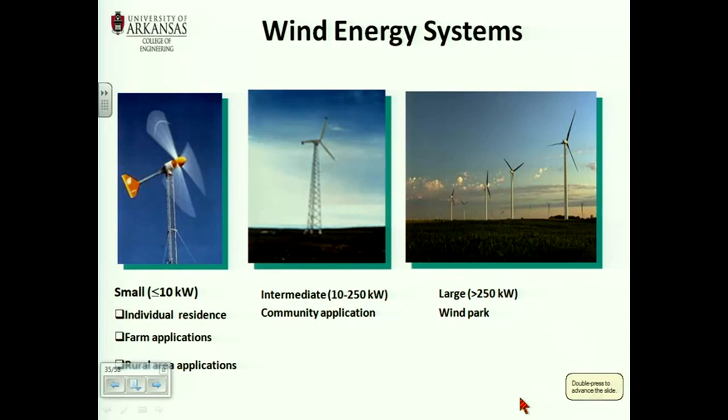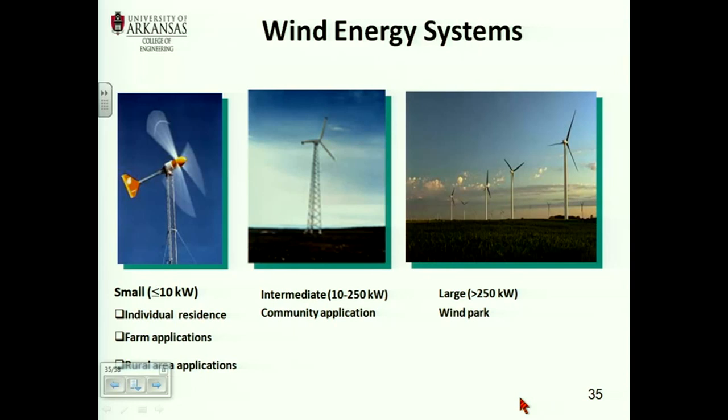So wind, you have small ones that are under 10 kilowatt. Intermediate, they are 10 to 250. Under 10 kilowatt, where are the applications? Your house and below, a farm, you know, rural applications, small loads.